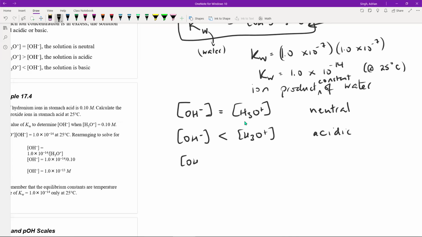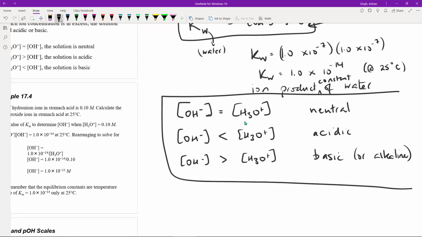And if the OH minus concentration is greater than the H3O plus concentration, we say that that solution is basic. Sometimes we see the term alkaline. So we can define 3 different types of solutions based on the relative concentrations of hydroxide and the hydronium.